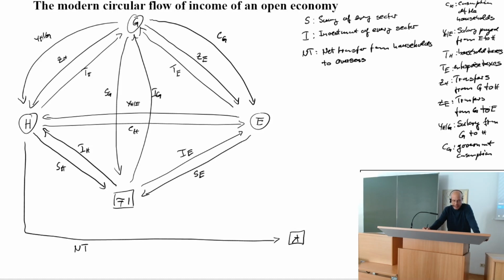The dependence between the enterprise sector and overseas, we also want to make very simple. We just say we are selling goods and we are buying goods from abroad. So then, of course, we have two arrows. One is going in and one is going out. At which arrow do I have to write exports, and at which arrow do I have to write imports?